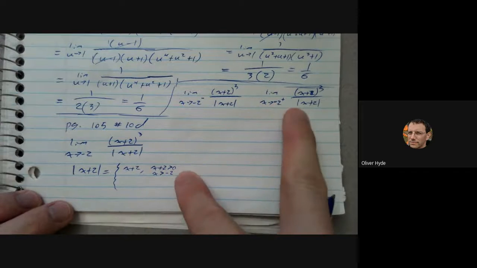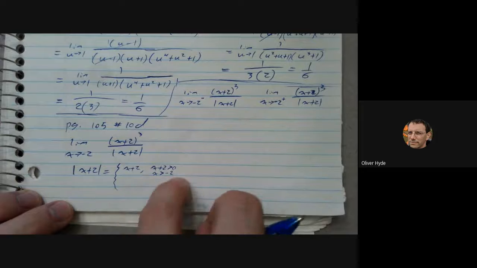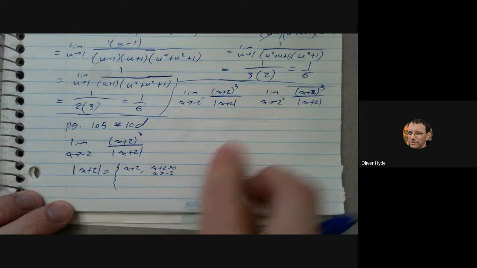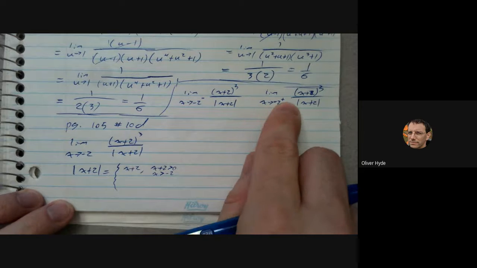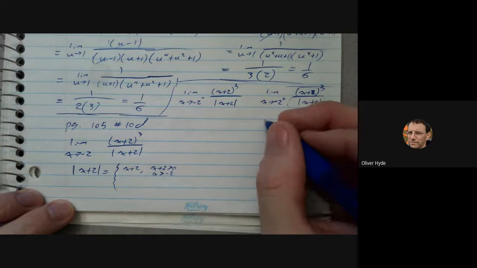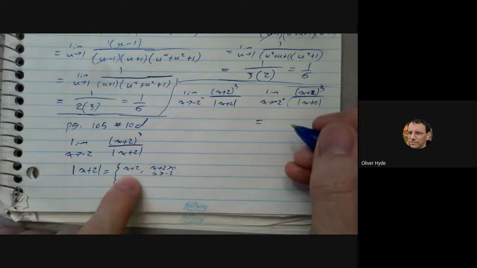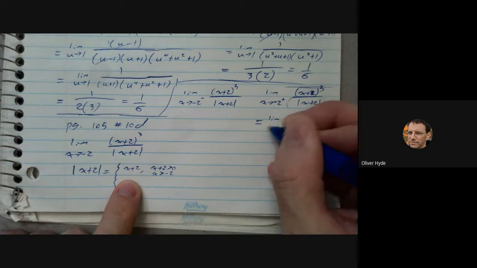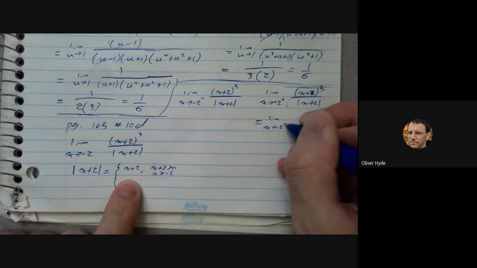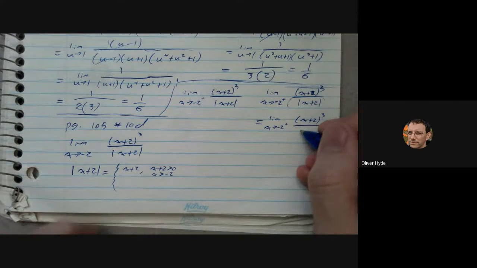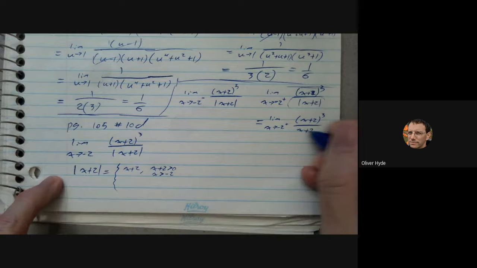Sorry, I got kind of stuck because the question is the answer to the question. When x is greater than -2, that's when x is approaching -2 from values that are greater than -2. So I'm going to replace this piecewise definition with this piece. I'm going to say the limit of this expression in this case is the value of this behavior for (x plus 2) cubed all over positive x plus 2.